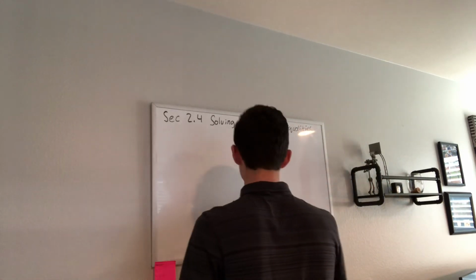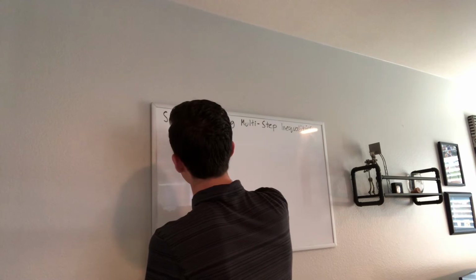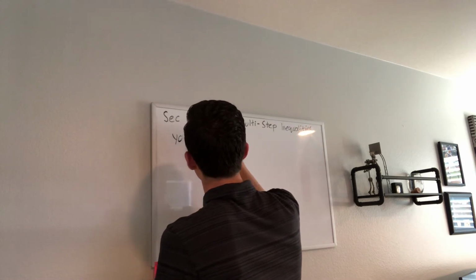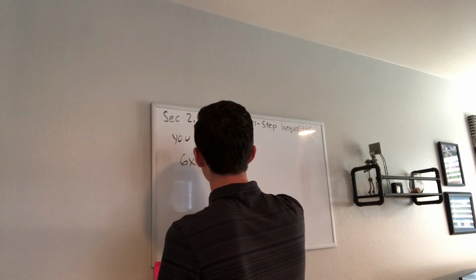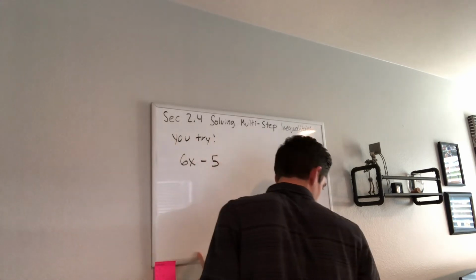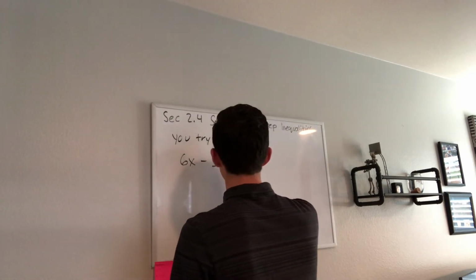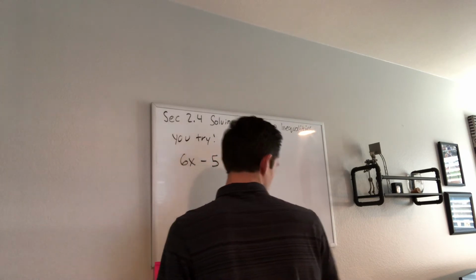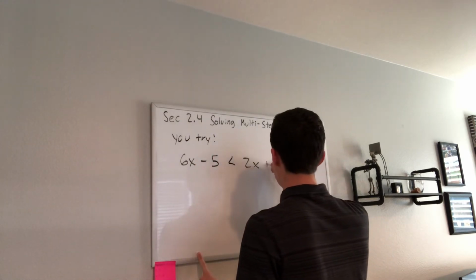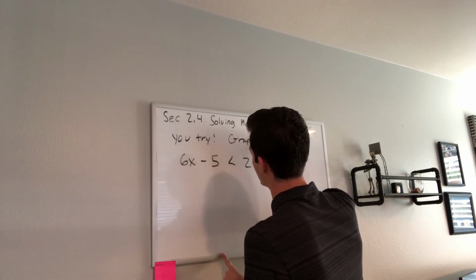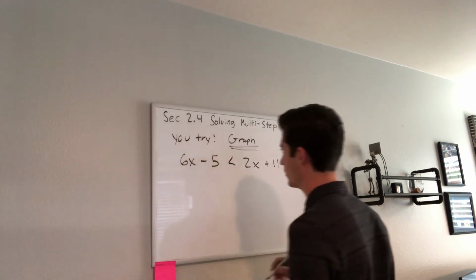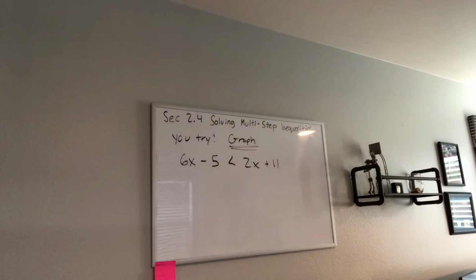So we have 6x minus 5 for a You-Try. We have 6x minus 5 is less than 2x plus 11. And we want to graph this one. You guys can try it and then we can do it together.